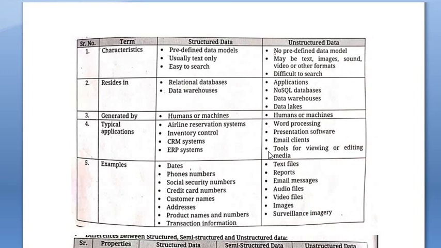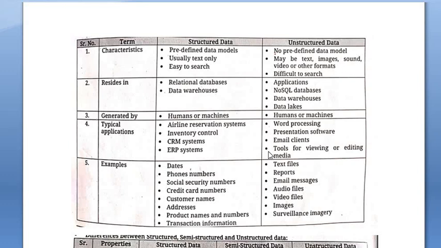NoSQL databases always contain videos. Or for example, your Android application has an extension called NoSQL database, which supports the applications for having videos or audios or pictures stored in the database. Now data warehouses, data lakes, it can also be generated by humans or machines.